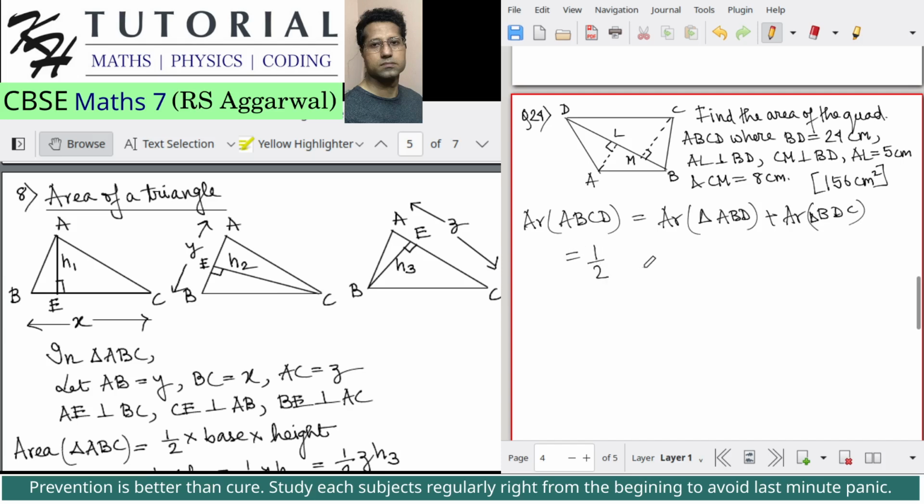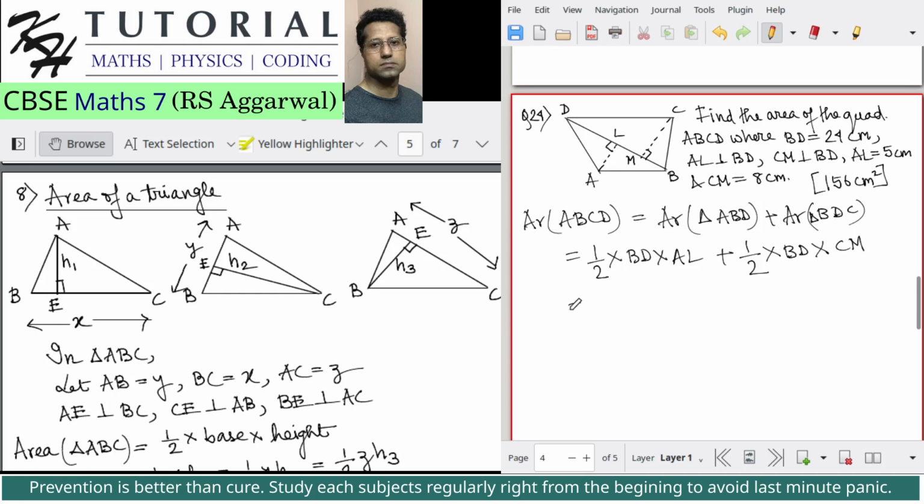In the triangle ABD, AL is perpendicular to DB, so DB can be considered as the base and AL as the height. So this will be half times BD multiplied by AL. Plus we have the area of triangle BDC. In triangle BDC, CM is perpendicular to BD, so we can consider BD as the base and CM as the height.